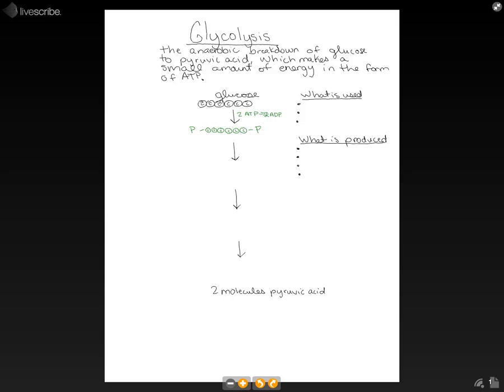Now that is changed into 2 molecules of G3P, and essentially that just is what we had previously broken into the 2 halves.